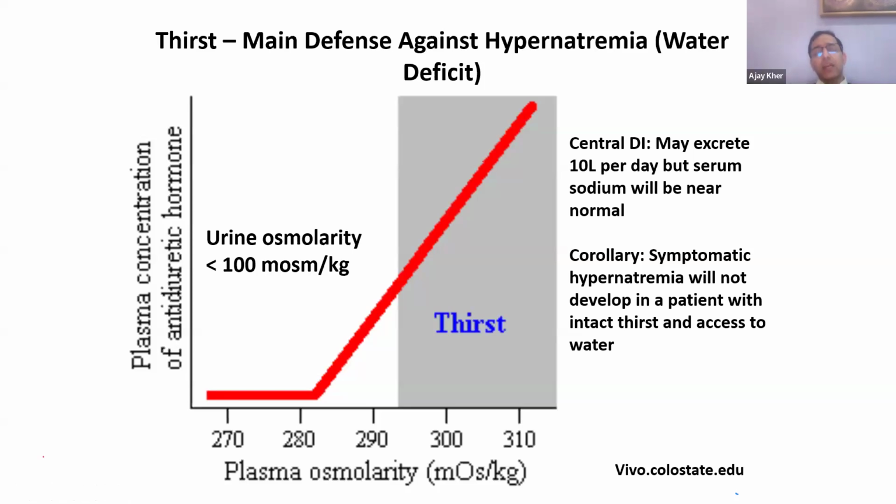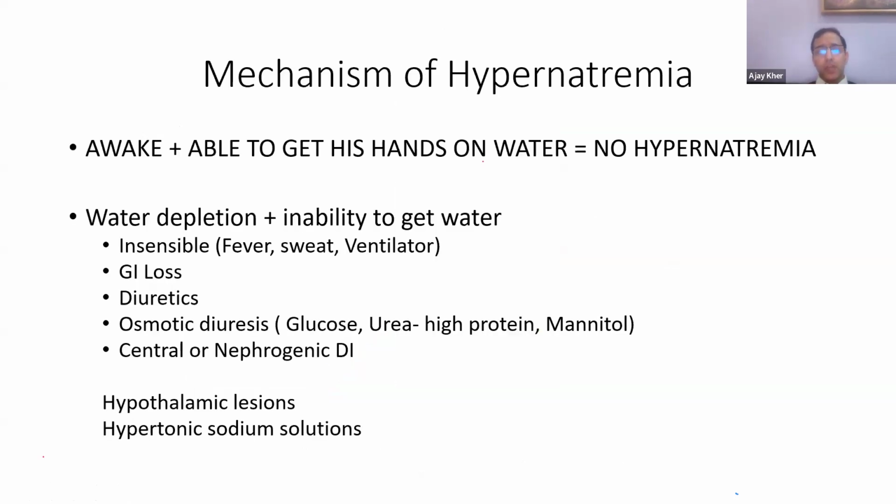So the reason people get hypernatremia in the patients that I shared is because they were elderly, they were in the ICU or in the hospital, and they weren't able to get their hands on water. If you ask any of those patients, do you want water? They will really scream for water if you ever ask them. So the mechanism of hypernatremia is that as long as you're awake and able to get your hand on water, no hypernatremia; you will need water depletion and an inability to get water.